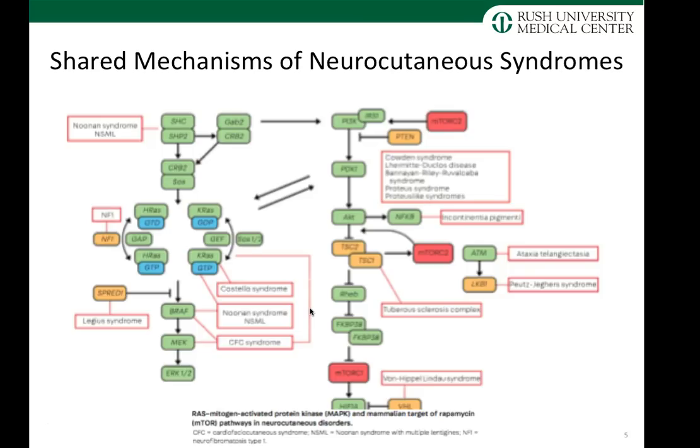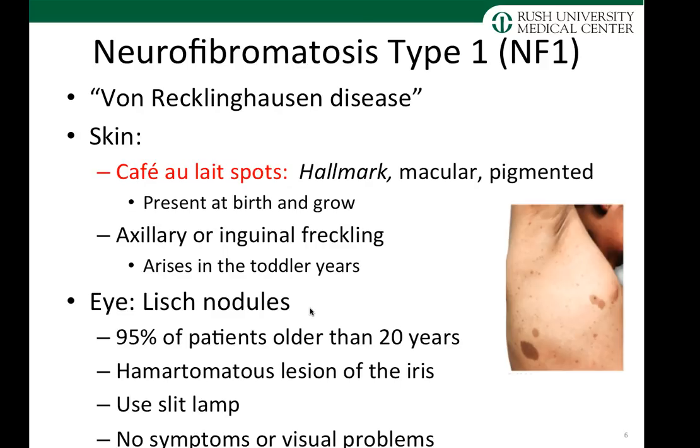So this important pathway governs particular functions of the cell, such as cell growth and proliferation. It also has a role in apoptosis and differentiation. So because of the common mechanism of these disorders, many of them will have overlap in both the skin abnormalities and the central nervous system manifestations.